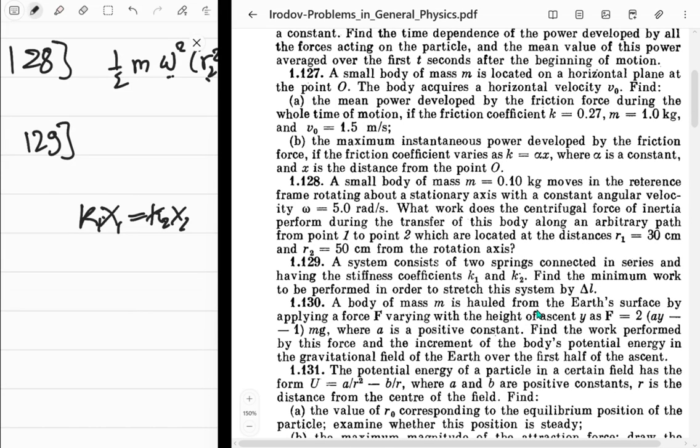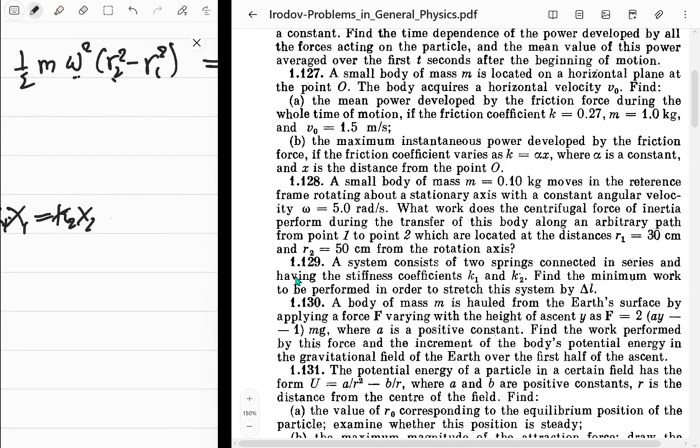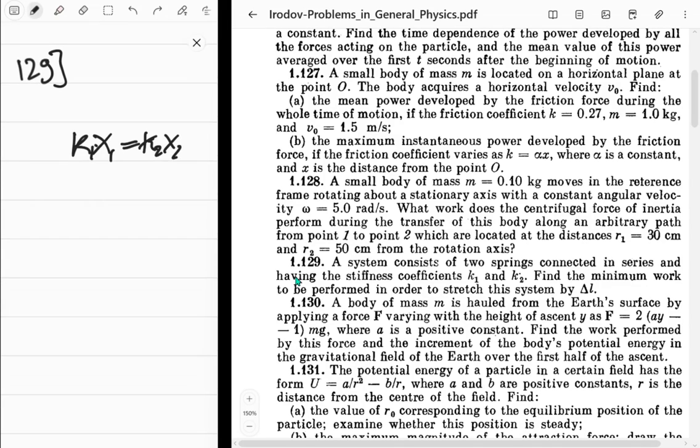So just figure out what x1 and x2 are. Technically k1 x1 squared and whatever. All right, fine, I don't like it. What am I doing?